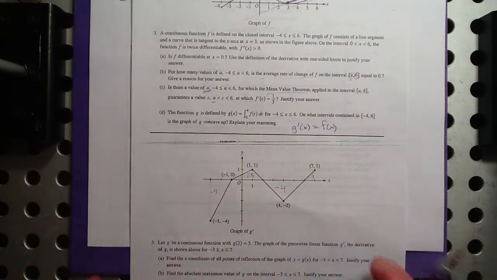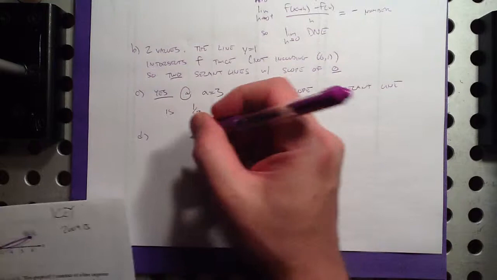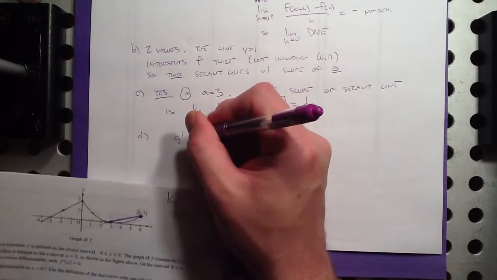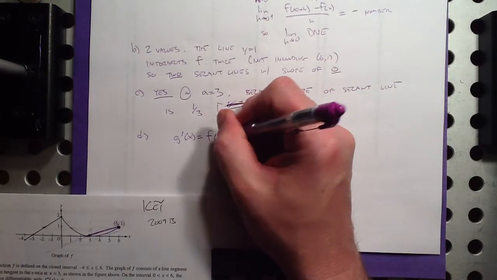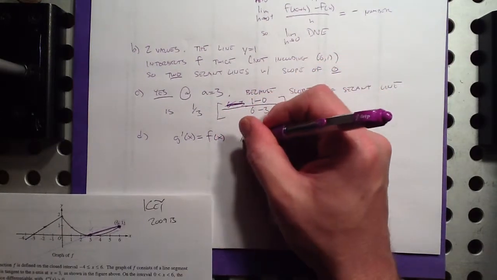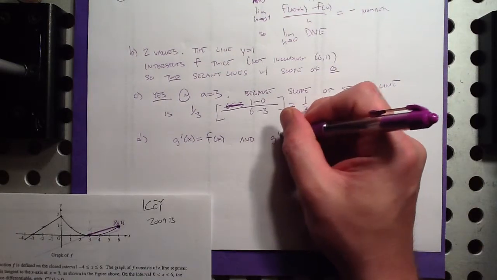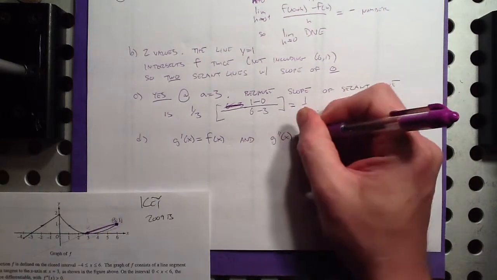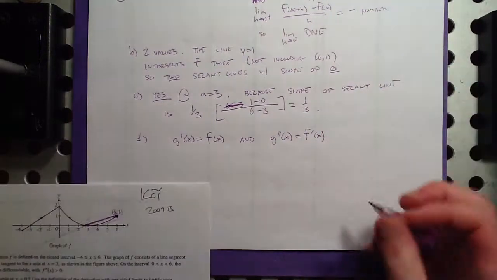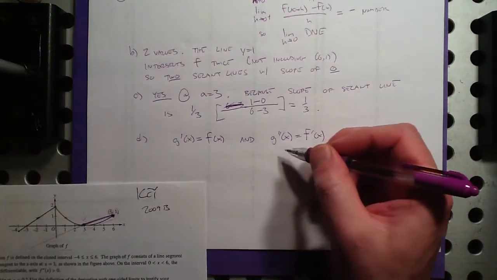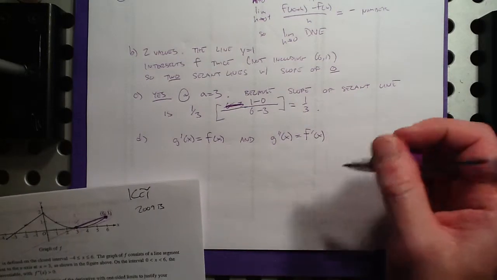Explain your reasoning. Well, we have part of the reasoning done already. We know that the derivative of the g function is f of x. And that means the second derivative would be the slope of this. So we're looking for where g is concave up.